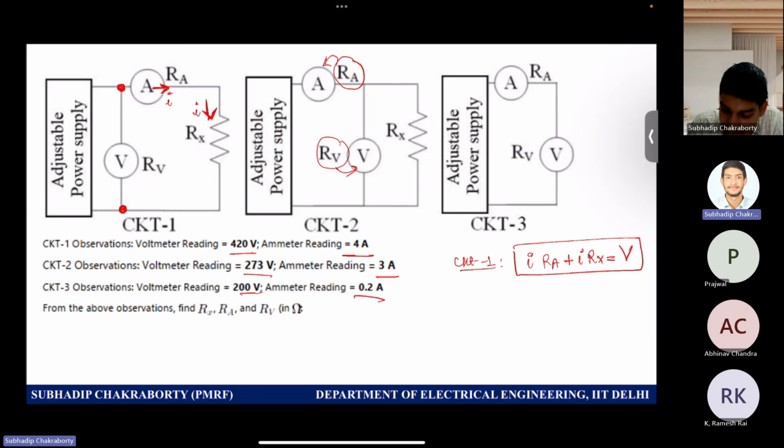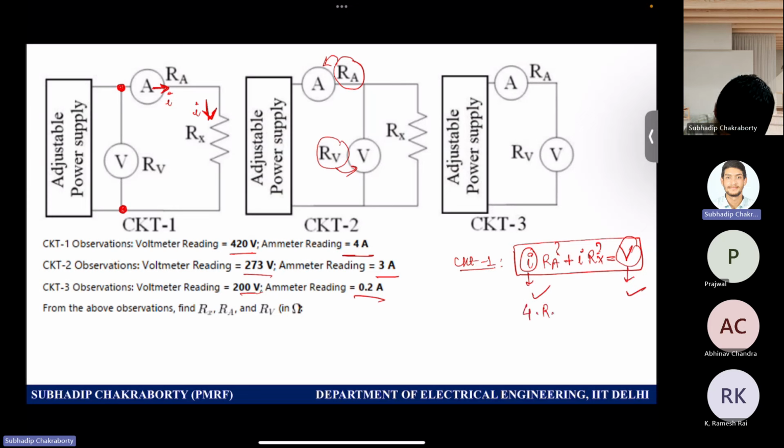We don't know RA and Rx yet. Both are unknown. However, we know I and V. Agreed? I and V are both known for circuit 1. So what is I? 4.